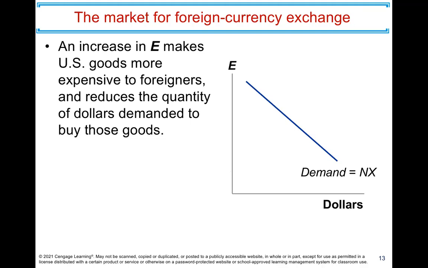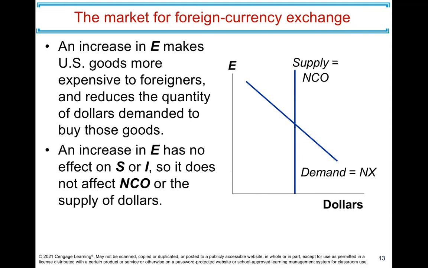Okay, so let's see where the NCO graph comes in. That's going to be a vertical graph, and the reason being is because the supply of dollars does not change with the exchange rate. The demand for dollars definitely does, and we just talked about how demand or net exports does change with the exchange rate, but the supply of dollars does not care. It's invariant to the exchange rate.